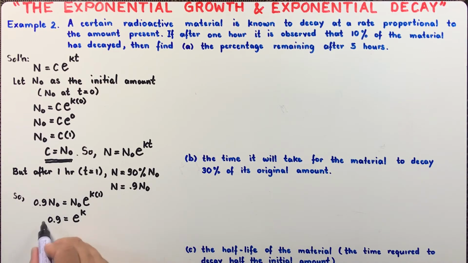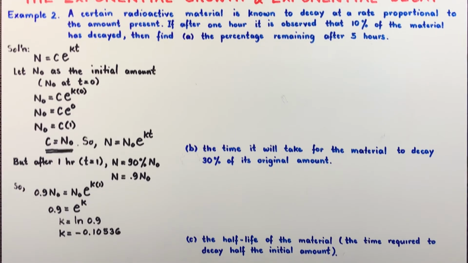And converting this exponential notation to its equivalent logarithmic notation, we have k equal to the natural log of 0.9. And using your calculator, the natural log of 0.9 is equal to negative 0.10536.